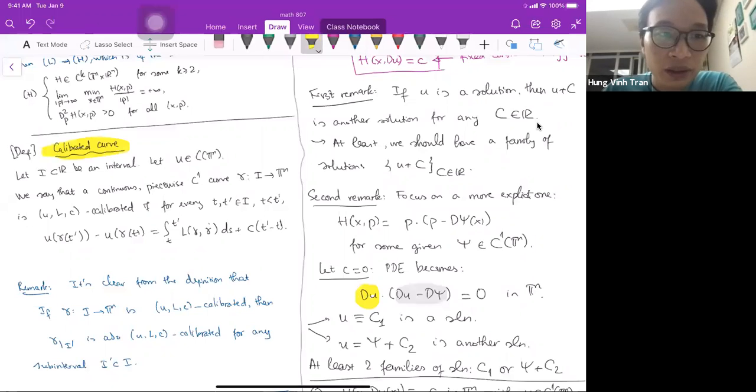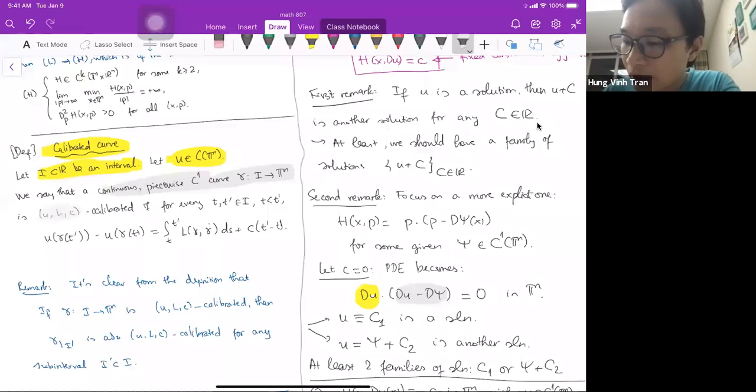You're given u a continuous function, I a given interval, and then for any continuous piecewise C1 curve gamma, we say that it's u-L-c calibrated if, okay, maybe I can draw a picture here. You have an interval in I, so this is the calibrated curve gamma. It is calibrated if you go from any gamma(t) to gamma(t prime).